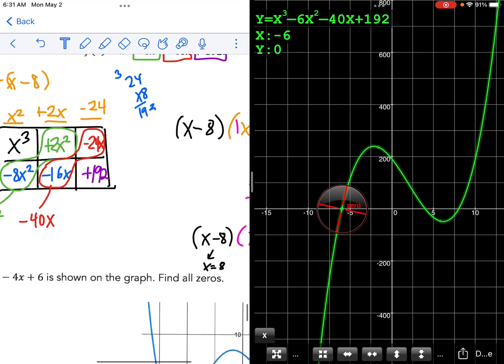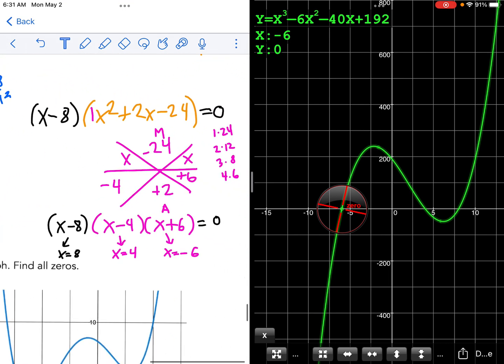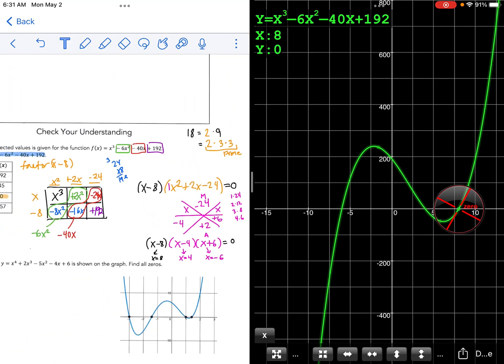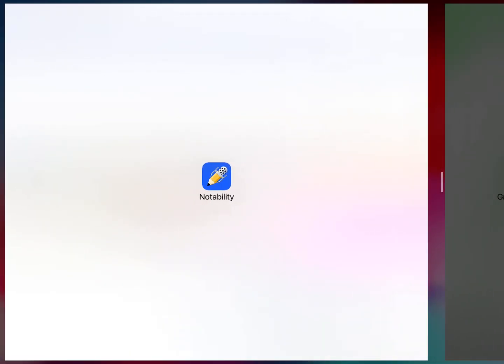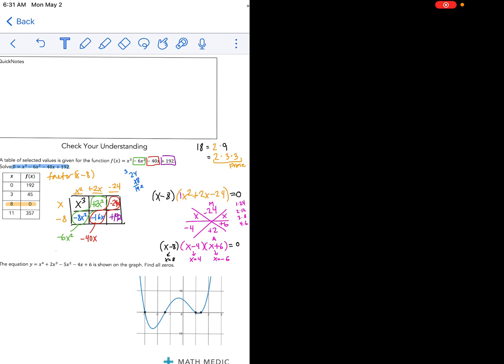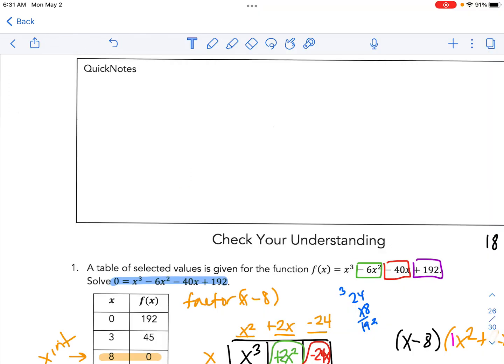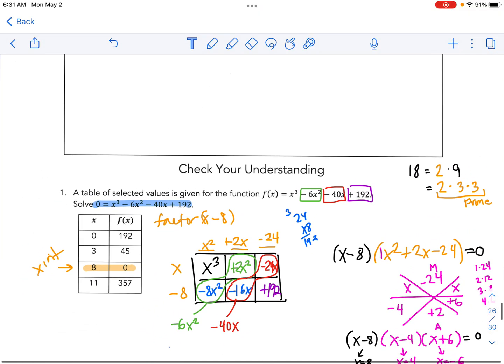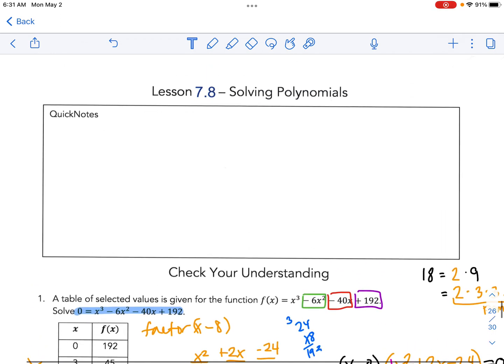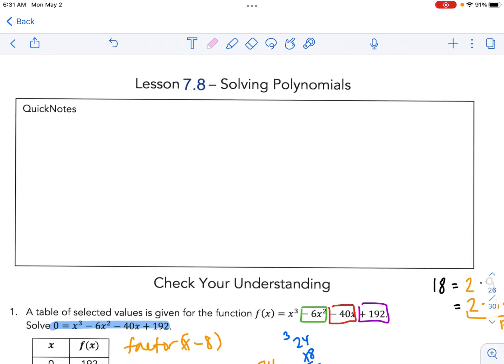When we graph that, we can see here's the first 0 at negative 6, here's a 0 at positive 4, and here's the 0 at positive 8. So that's, like I said, the meat and potatoes. It's where we can use other factoring methods after we start out with the area model to get that degree of 3 broken down.